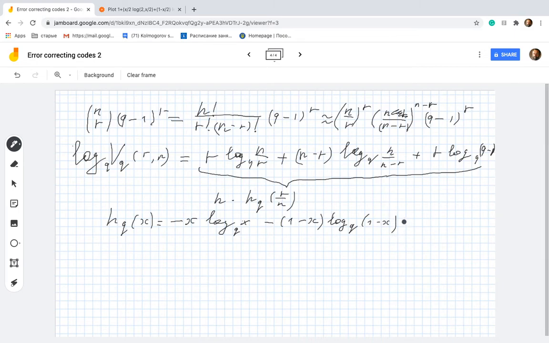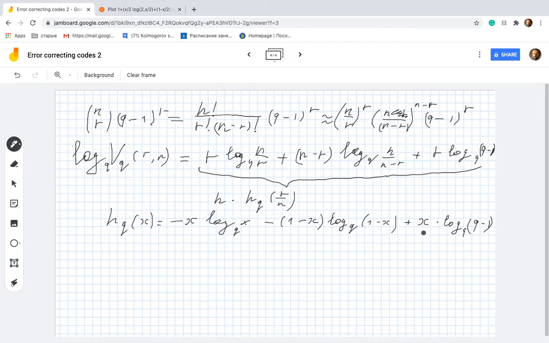And the last term is a linear term. So when we divide this by n, we obtain r over n, that is x, times log base q of (q minus 1). So in the general case, the Shannon function is defined using this expression. In the binary case, the last term vanishes because q minus 1 becomes 1.